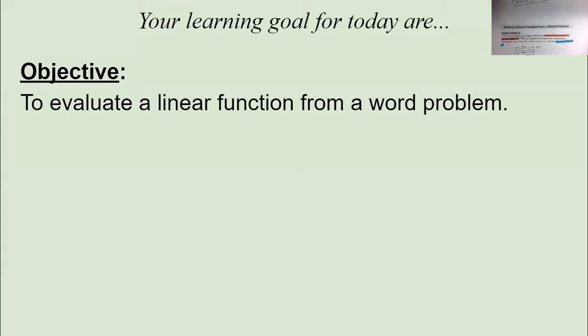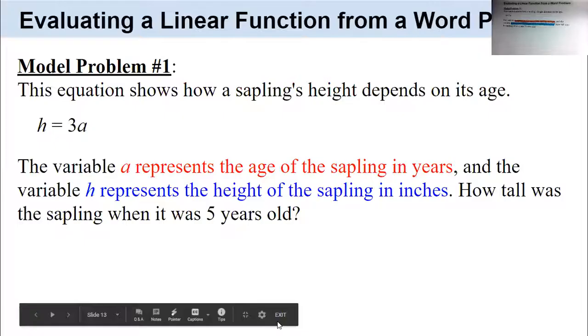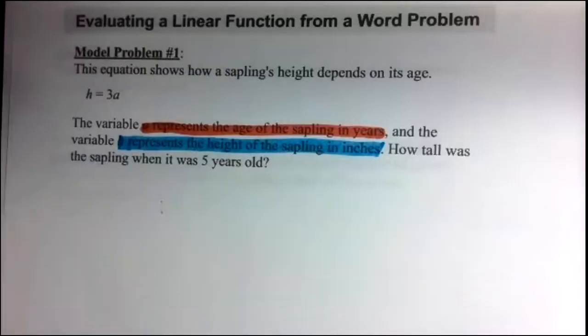All we're going to be doing is being given the function, and what we'll have to do is solve or evaluate by solving. Now I'm going to go to the second problem here.